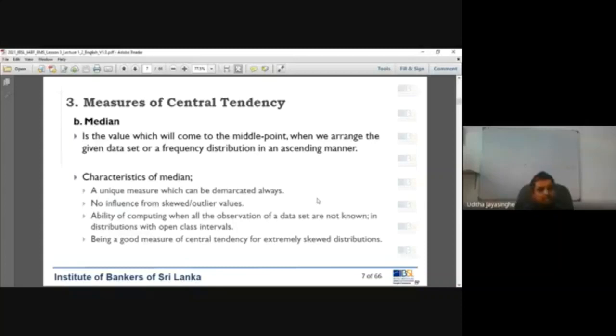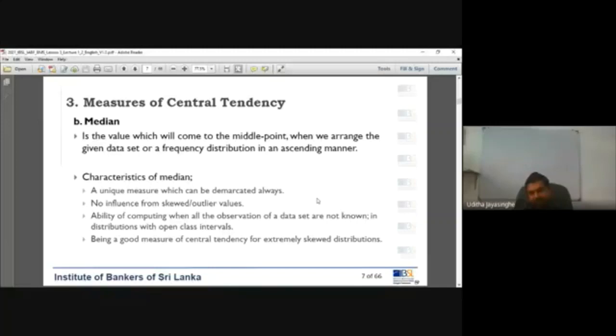So we can have open class intervals from 0 to 10 and from 40 onwards. In those instances, we don't know whether there will be any more values that come into those last classes. But still, those are just one class each, isn't that so? From 40 onwards, it's just one class. From 10 below, just one class. You separate them and just focus on the middle classes. Maybe your fourth or fifth class will have the median class.